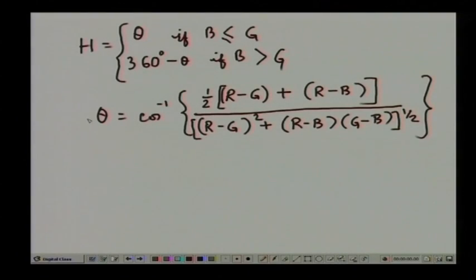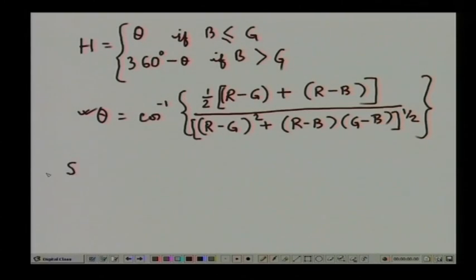So, from these R, G and B components, we can compute the value of theta following this expression, and from this theta we can find out the hue component in the HSI space, as hue will be equal to theta if the blue component is less than or equal to the green component, and hue will be equal to 360 degree minus theta if the blue component is greater than the green component.